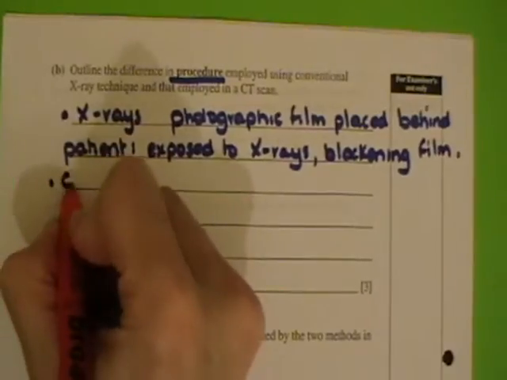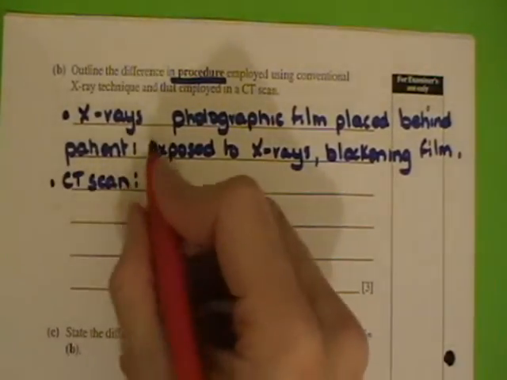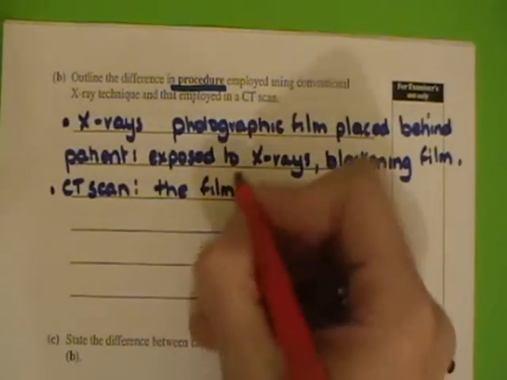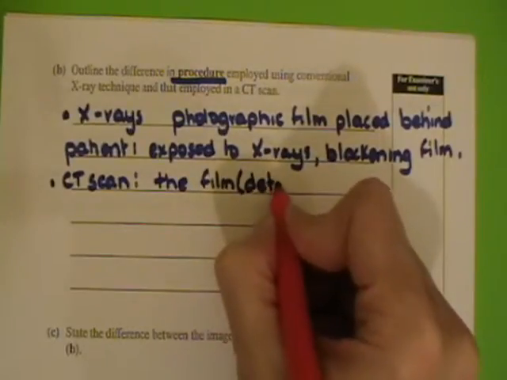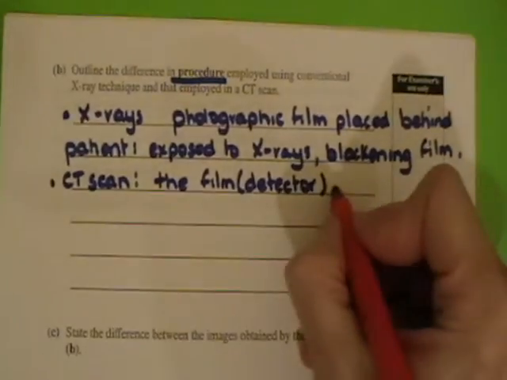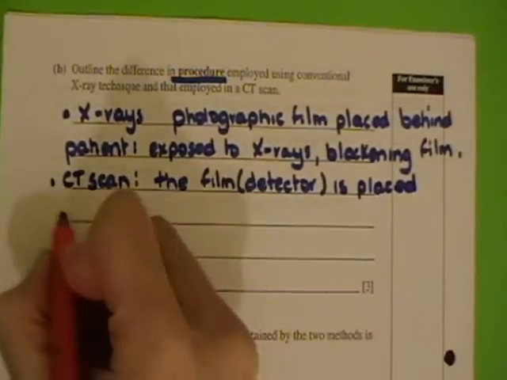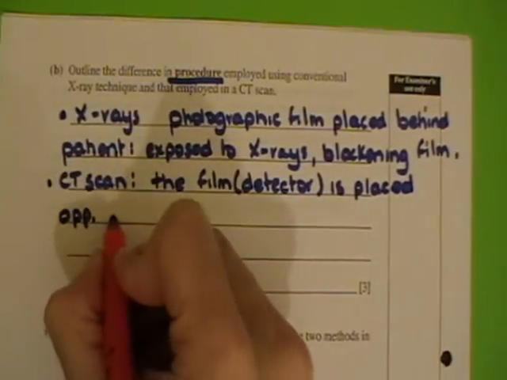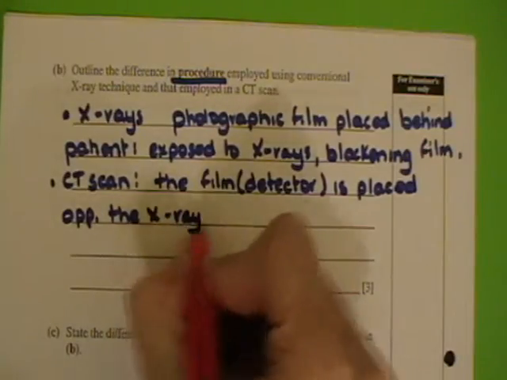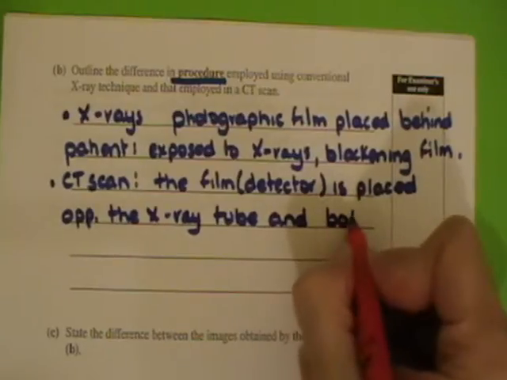But in a CT scan, and there'll be 2 marks for explaining this bit, then the film or detector, it's really a detector now. Film is quite outdated now. So the film or detector is placed opposite the X-ray tube, and both are rotated about an axis.